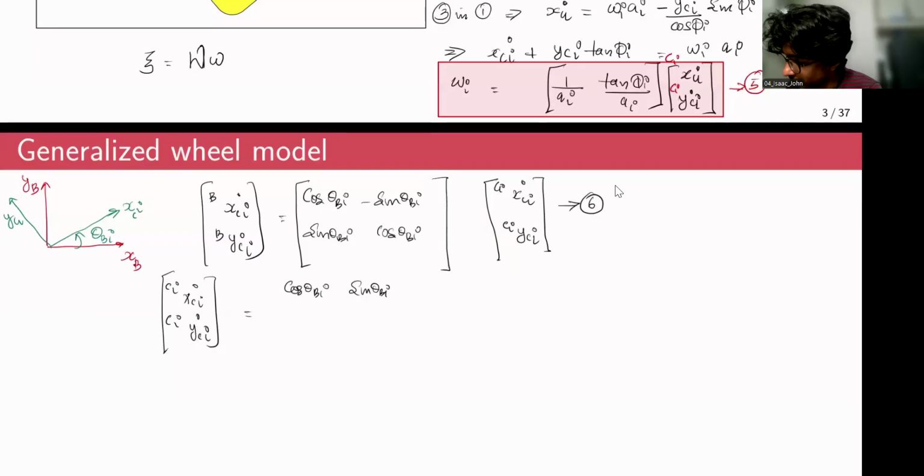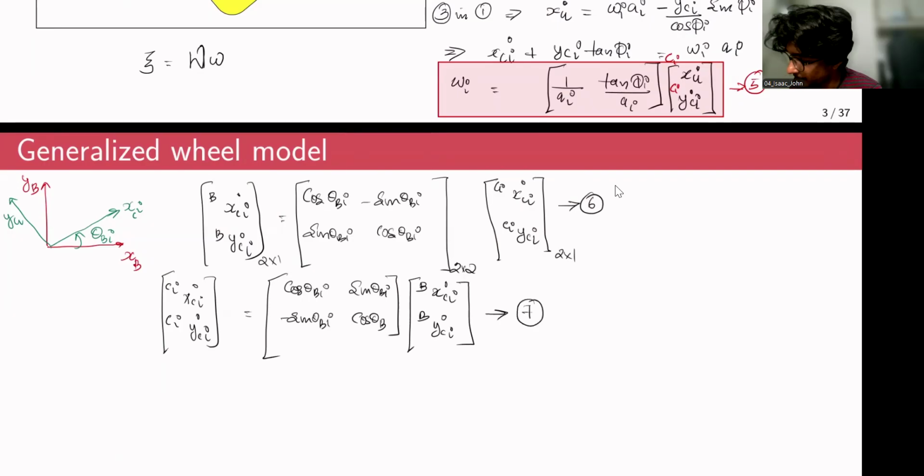Sorry if I confused you, because this is a 2 cross 2 matrix, as this is a 2 cross 1 vector. This is also a 2 cross 1 vector. So taking the transpose of this matrix, it would look like cos theta bi, sin theta bi, then we have minus sin theta bi, cos theta bi. We pre-multiply this with the left-hand side. So that makes it xci dot with respect to b, yci dot with respect to b. I'll call this equation 7.